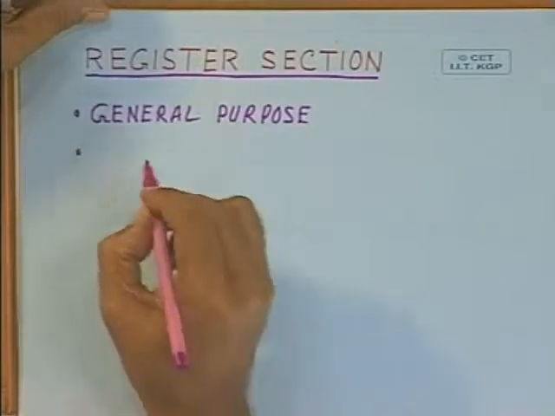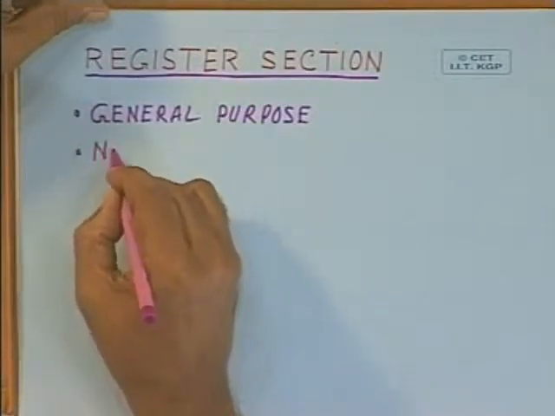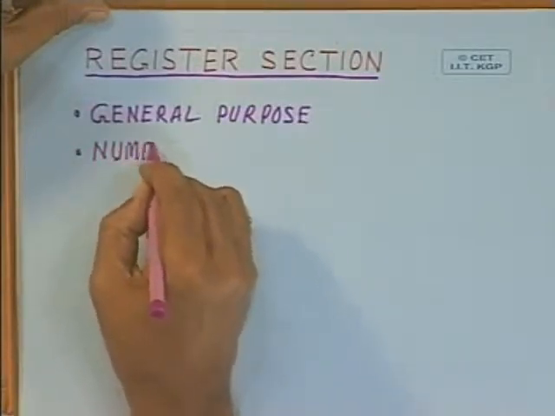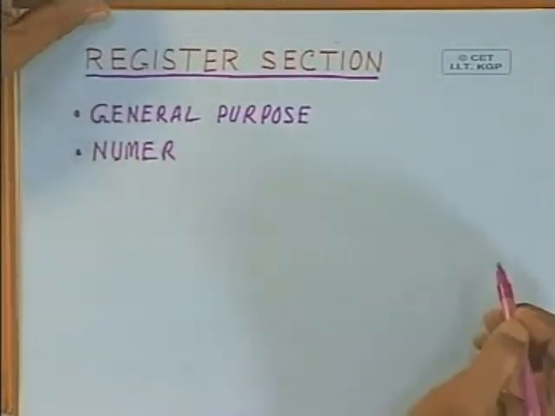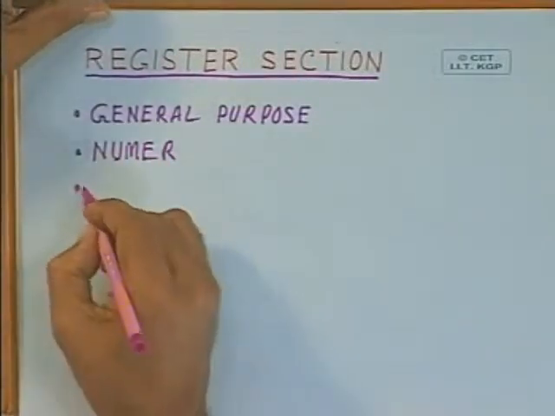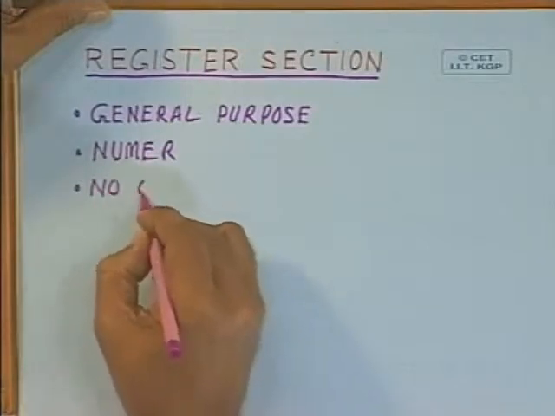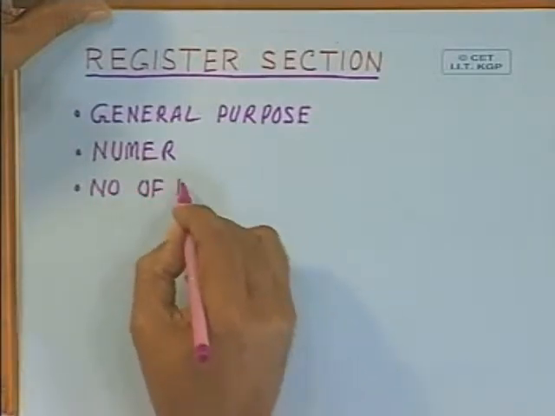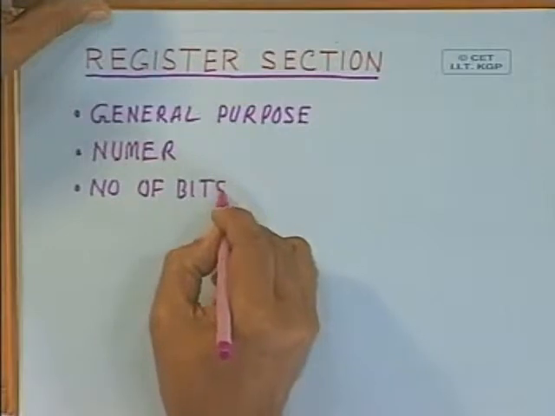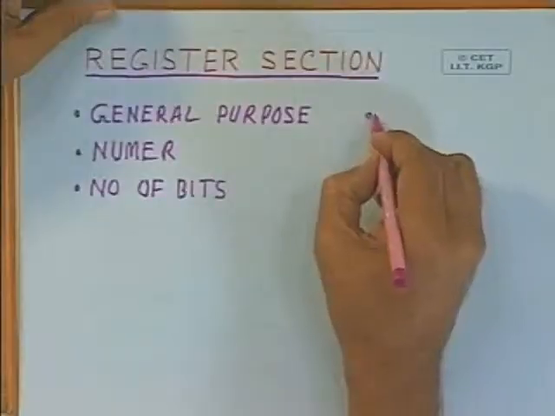And you will find that the number of general purpose registers and the number of bits in different registers will decide its functionality, and the number of general purpose registers which are available inside a particular microprocessor will decide the size of the program.